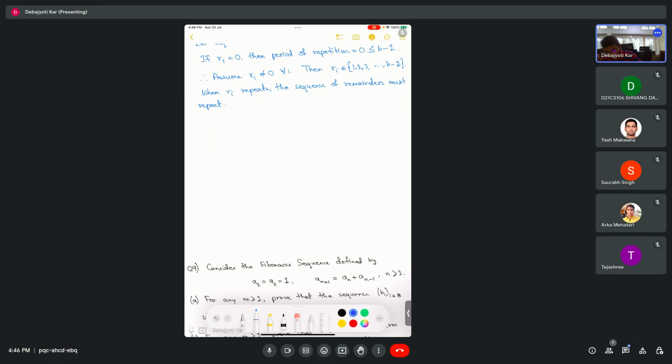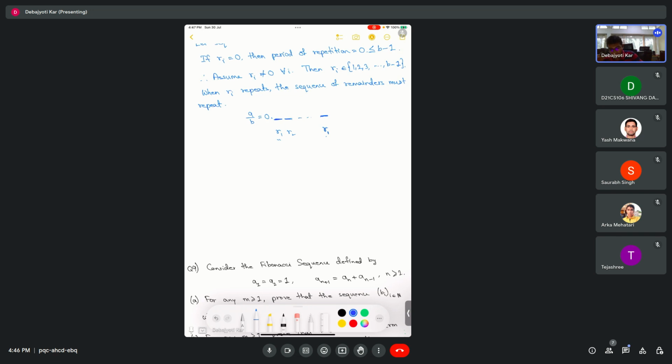When we are dividing A by B, we are looking at the quotient. So we have 0 point something, and the corresponding remainder is R1. Then we have something, the corresponding remainder is R2, and so on. Finally, once R1 repeats, these quotients, these terms are also going to repeat by the exact same logic. So the first time when R1 repeats, we will have a repetition. So that is the period of repetition.